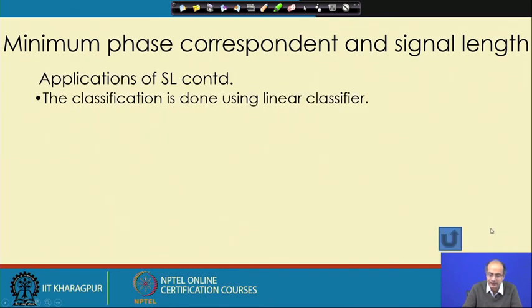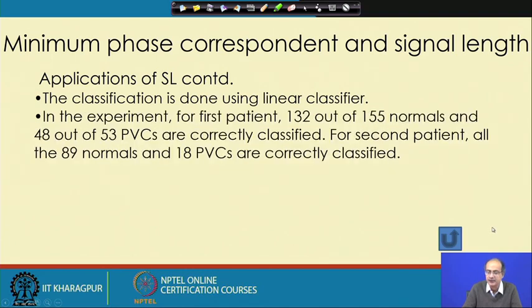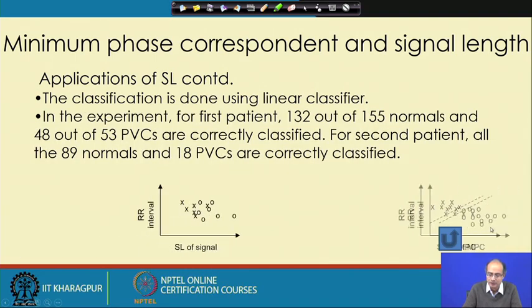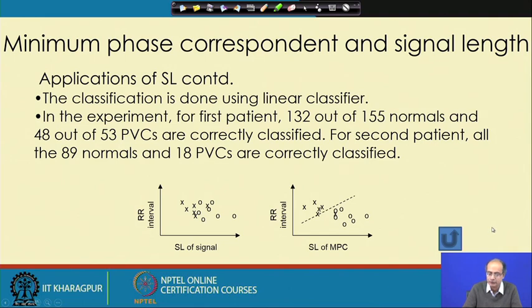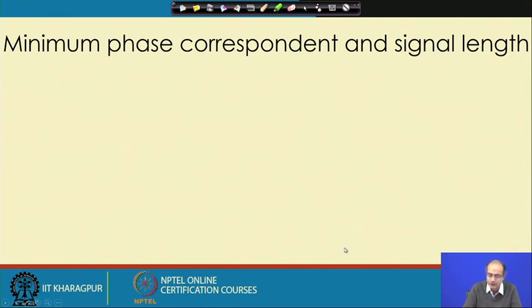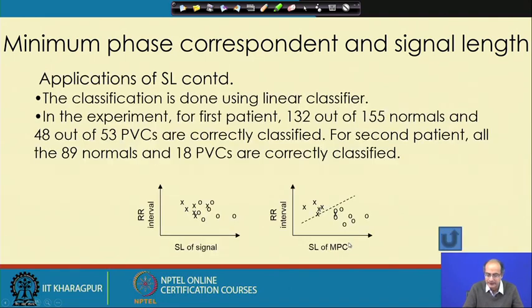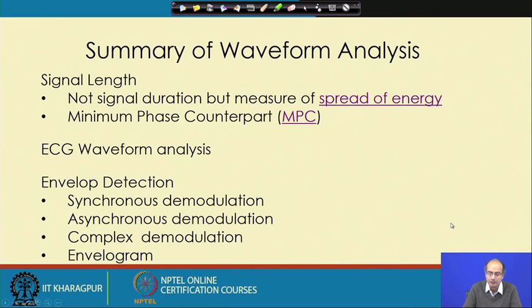Using that, they conducted an experiment where, with the help of a linear classifier, they showed that if we take the minimum phase correspondent, we can get better classification compared to the signal length, which also somewhat gives the separation.